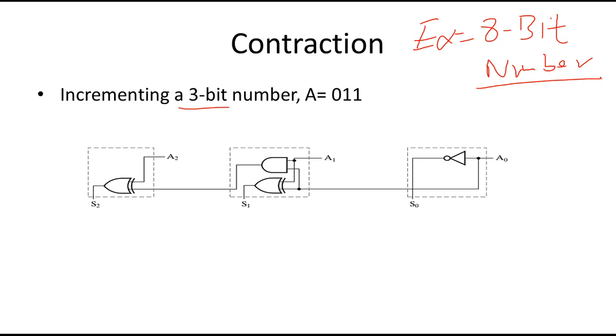For incrementing an 8-bit number, we just need to add 6 half adders like this one, and the first box is simplified and the final one is also simplified. So we can further simplify our half adder implementation for incrementing by using contraction. So that's it for incrementing. In the next video we will discuss decrementing.